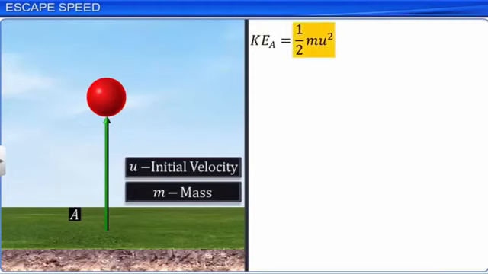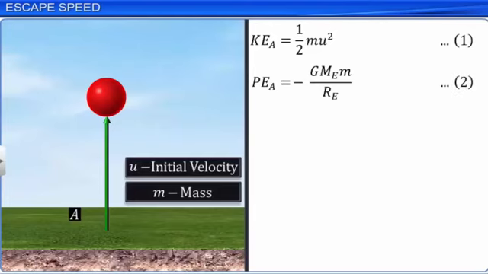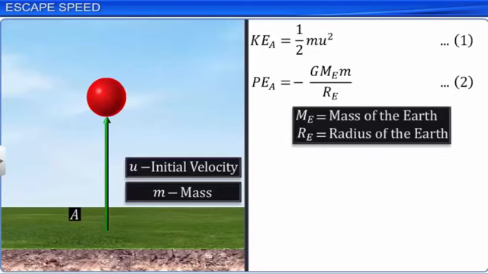Let this be equation 1. The potential energy of the Earth-body system at the Earth's surface is denoted by PE(A) is equal to minus G M_E m divided by R_E. Let this be equation 2. In this equation, M_E is the mass of the Earth and R_E is the radius of the Earth.